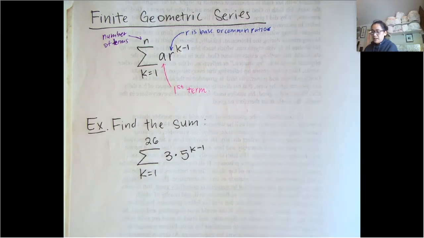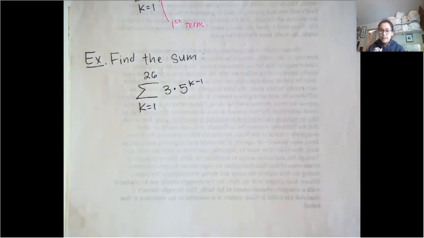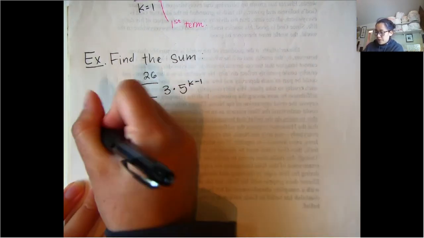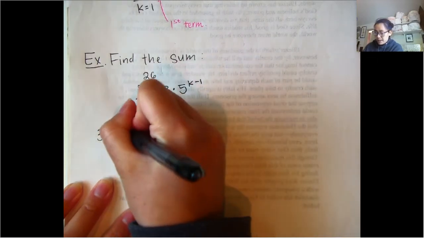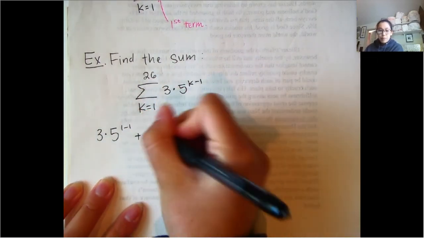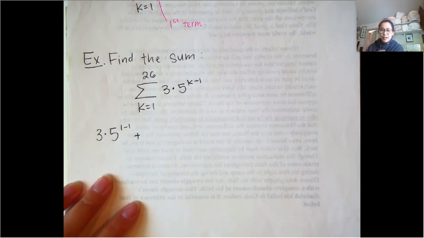If we plug in k equals 1, we have 3 times 5 to the 1 minus 1 power. Then when we plug in 2, we're going in order. I'm not going to do all of the terms, just some of them so I can show you what's going on.